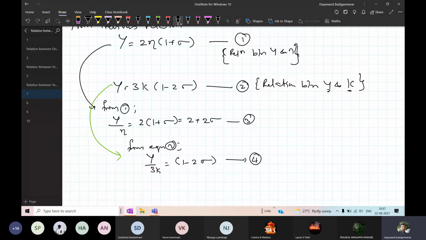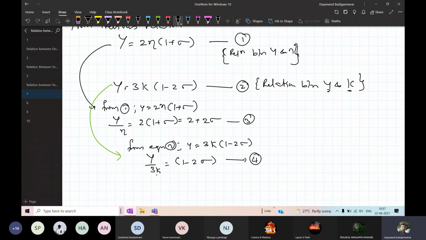So I have these equations for Y by neta and Y by 3K. Equation 1 is Y equals 2 neta into 1 plus sigma, and equation 2 is Y equals 3K into 1 minus 2 sigma. Rearranging this.